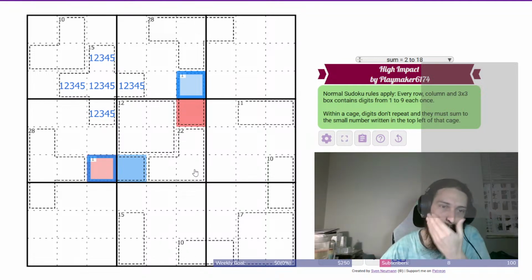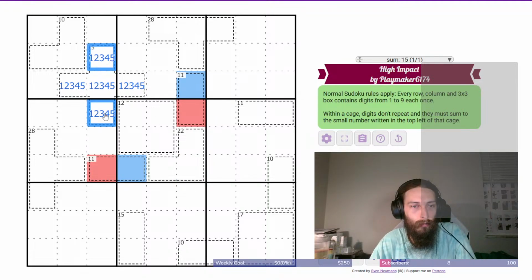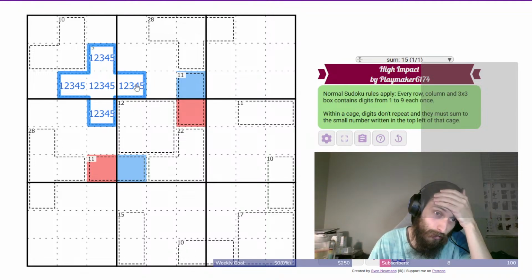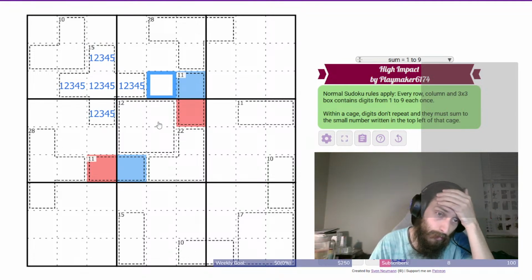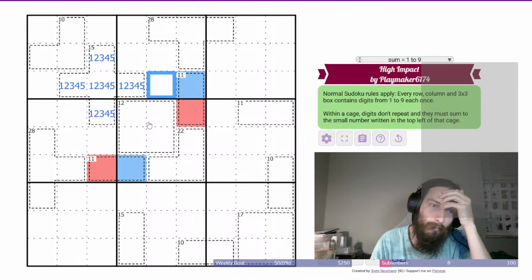Nope, I don't know what I'm saying. Because if blue is in here, then it's one of those two. If red is in here, then it's one of these two. One of them has to be in there, but the other can't be because 5 and 6 is the middle barrier.